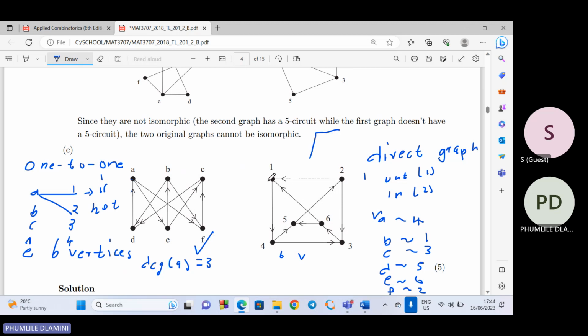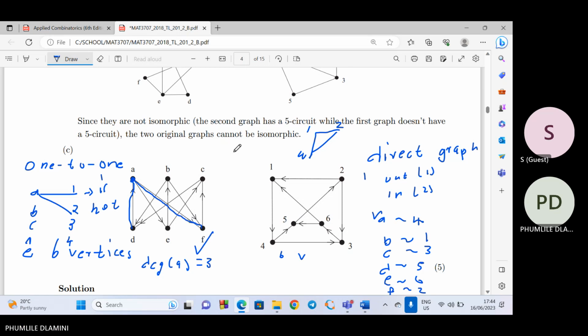You will see that 1, 2, and 4 are joined. But if we draw something here, let's check. I started at 1, 2, 4. If we check here also, if I start at A, which is this one here, I go this way, I also go this way. It ends there. You can see that this graph is not joined.